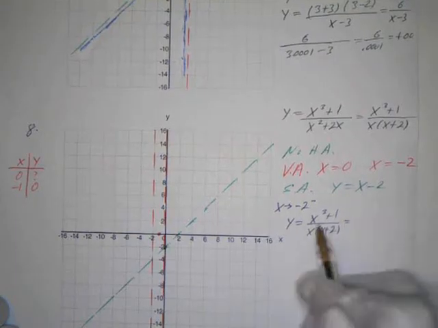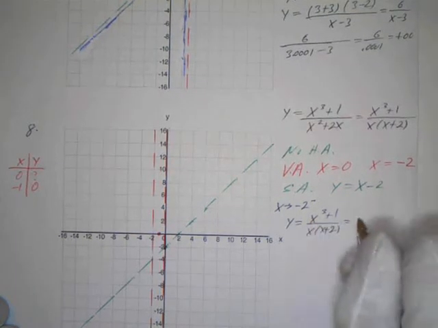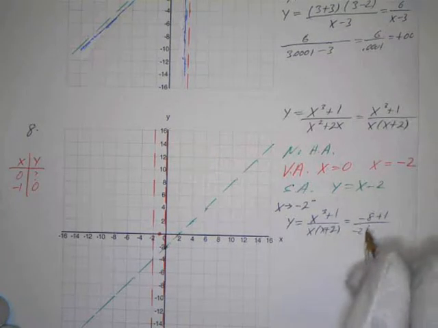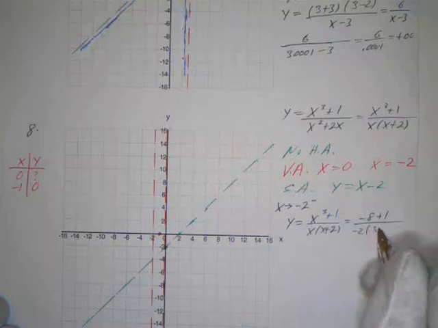And I could put negative 2 in here. That would just give me negative 8 plus 1. And I can put negative 2 in here. That's just negative 2.